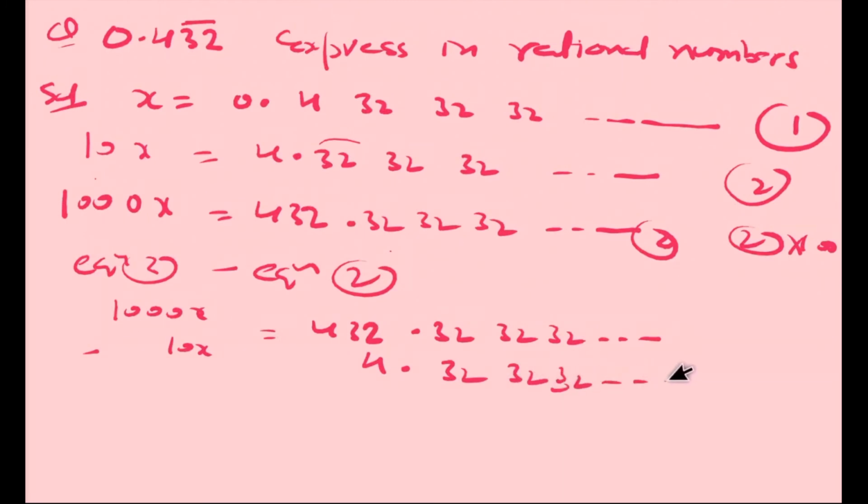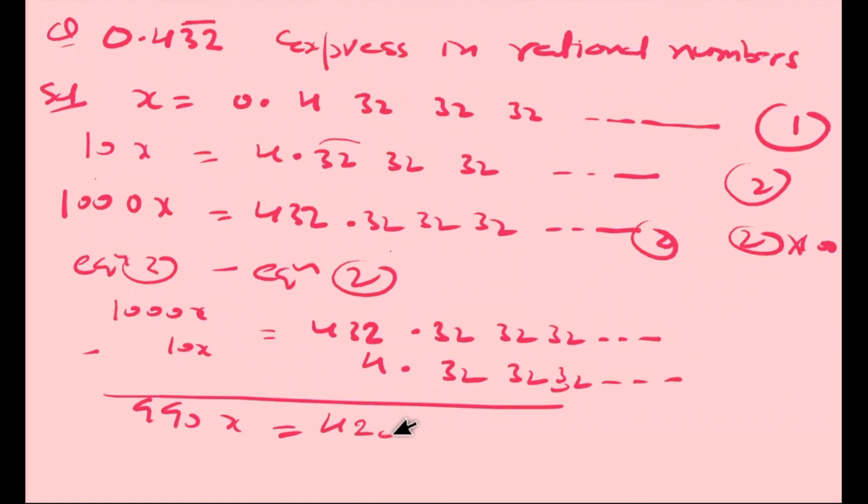Now here we get 4.323232... Subtracting, we will get 990x equal to 432 minus 4, that is 428. Therefore x equals 428 upon 990. You can cancel more if it will cancel. We can cancel this by 2, so 214 upon 495.